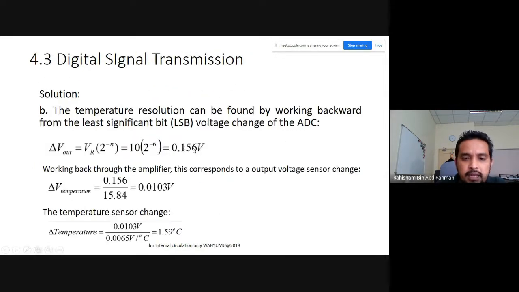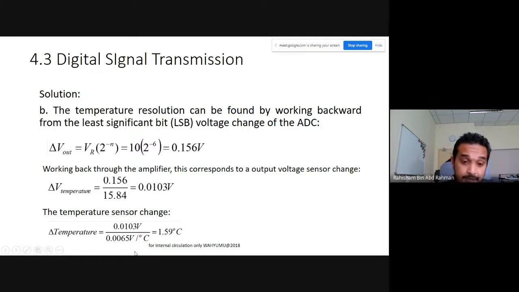Okay, so we will have 0.156 volt. And then working backward through the amplifier, we divide, and that will give us a certain value, which is 0.01 volt. From there, we should be able to calculate the temperature sensor change: 1.3 divided by 0.065.